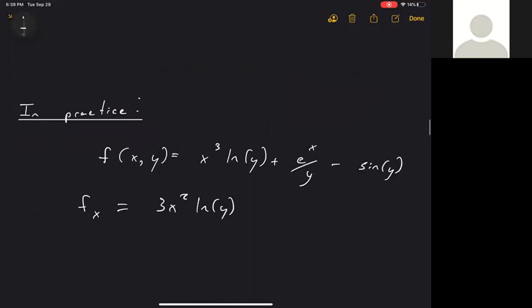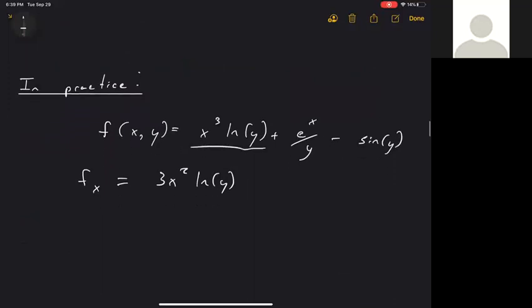All right, so I differentiate this term, I get 3x squared ln of y. Let's move on to the second term. I want to differentiate this, and again, I'm treating y like a constant. Well, the derivative of e to the power x is just e to the x, so I just have this, over y. And then if y is a constant, sine of y is a constant, right? So I don't have any x's here. What's the derivative of a constant? It's just 0.